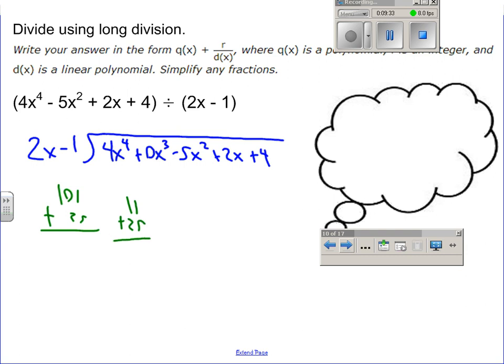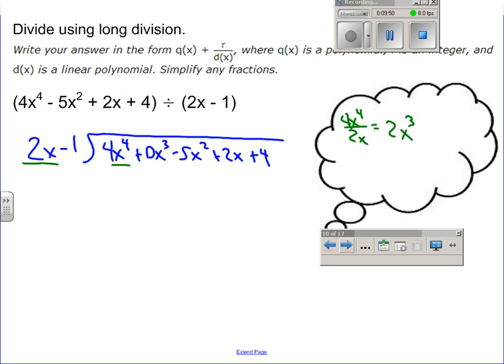If we don't include the 0 placeholder, we'll end up skipping the cube term, and it'll mess everything else up. So divide the lead terms, 4x to the 4th divided by 2x gives us 2x to the 3rd power. So that's the first term of my quotient, 2x to the 3rd power.